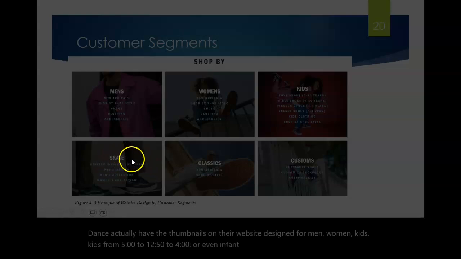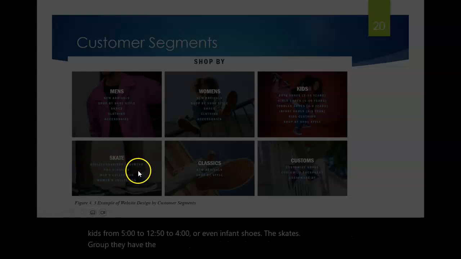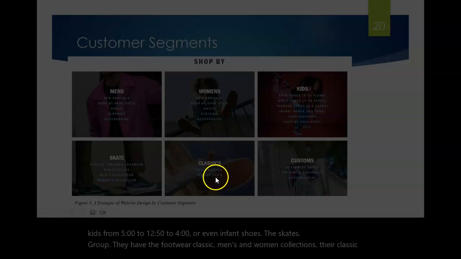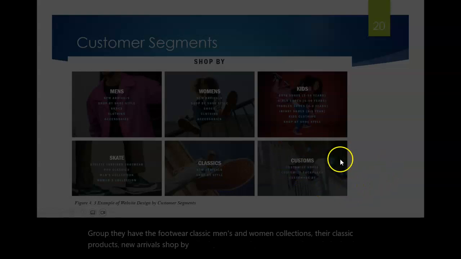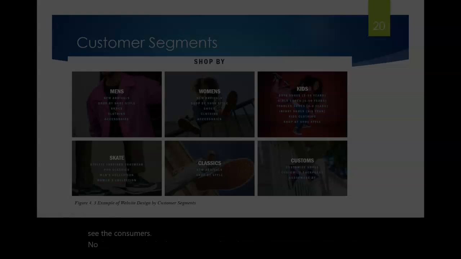The skate group, they have the footwear, classic men's and women collections, their classic products, new arrival, shop by style, or they also offer custom design. So you can see the consumers, no matter what kind of segment they belong to, they can quickly find that segment they belong to, and then find the product they want very easily.